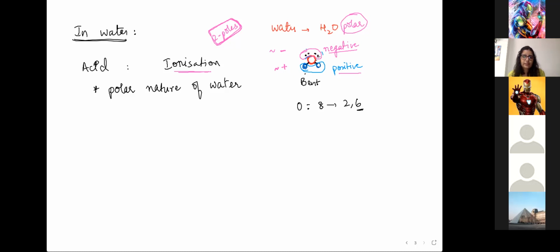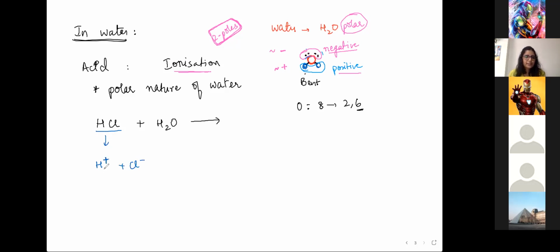This part gets important in the next bit. Take an acid, let's take HCl, and mix it in water. Till now we've been studying that acid ionizes as H plus and Cl minus, right?